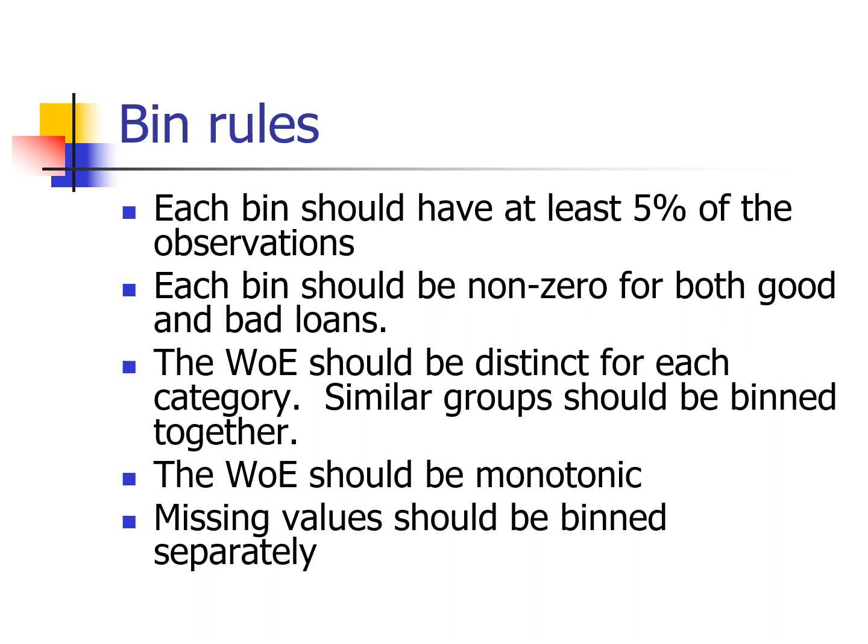The weight of evidence should be distinct for each category, so if 2 bins have very close scores, we should combine them. The weight of evidence should be monotonic: always increasing as I move through my age category from my 20s to my 30s to my 40s to my 50s to my 60s. I want to see that score either always getting larger or always getting smaller.